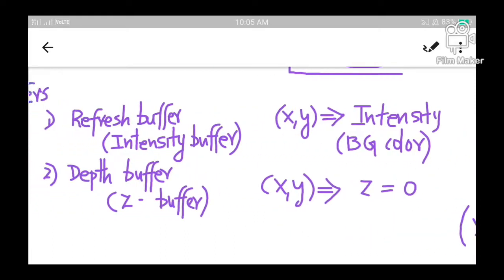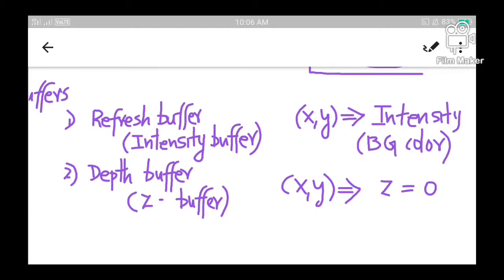Okay, so out of two buffers, the first one was the refresh buffer. It is also known as intensity buffer. It is used to store the intensity values for each pixel. Size of this buffer will be equal to the total size of the screen. That means if the screen is having n by m pixels in it, then definitely the size of the buffer will also be equal to n by m.